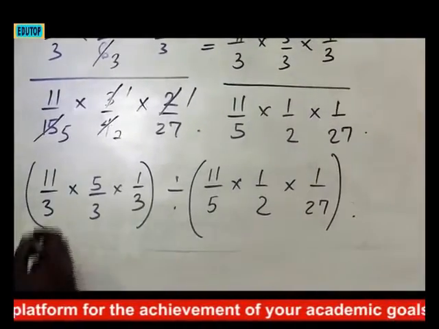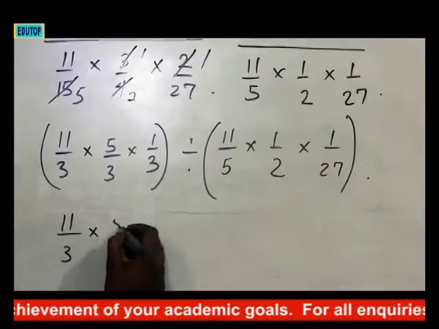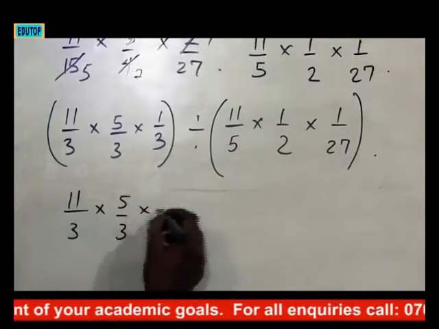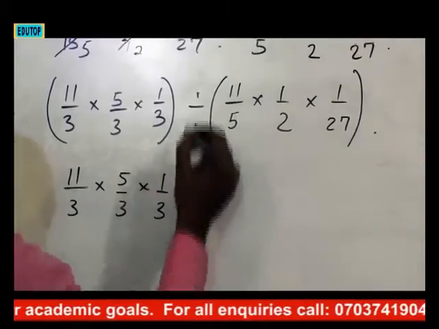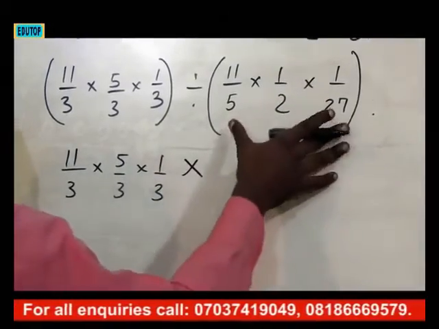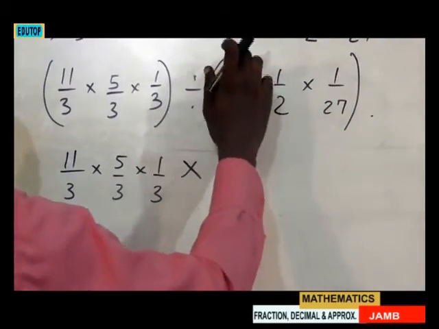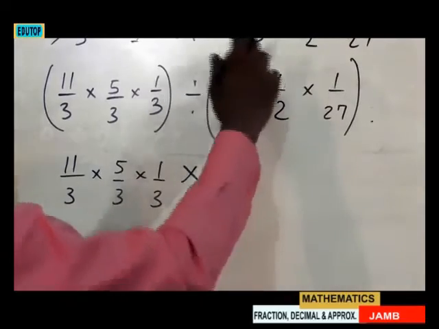Now, to open this one, I have 11 over 3 times 5 over 3 times 1 over 3. Immediately I change this division to multiplication. Everything here, the numerator will definitely become denominator, while the denominator becomes numerator.